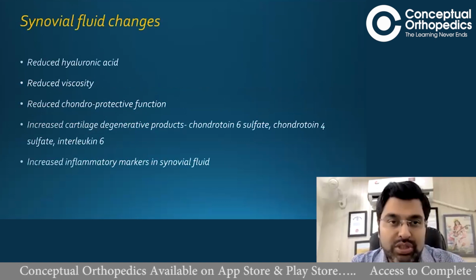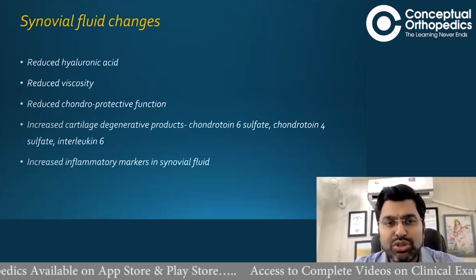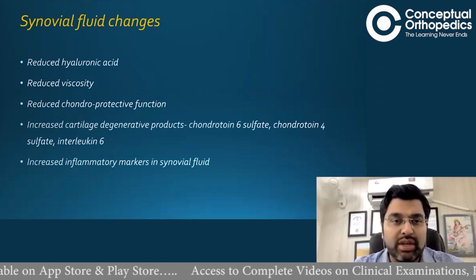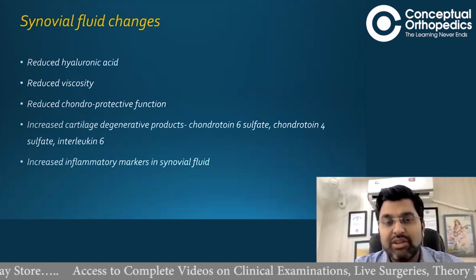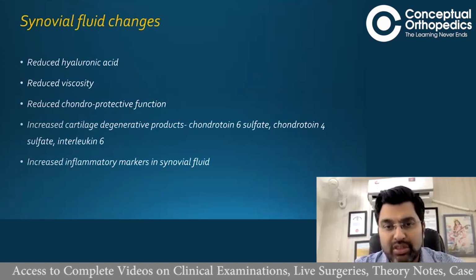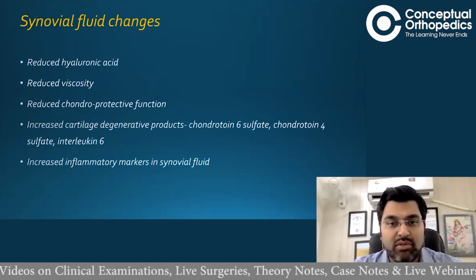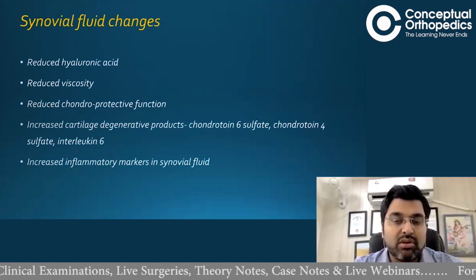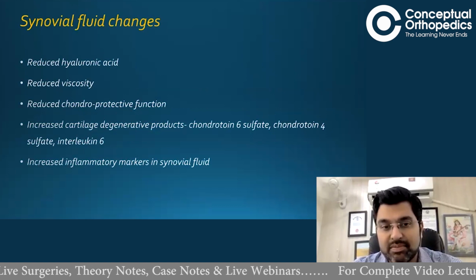There are also changes in the synovial fluid, which include reduced hyaluronic acid and reduced viscosity. It reduces its chondroprotective functions. There is an increase in the cartilage degenerative products in the synovial fluid, including chondroitin 6 sulfate, chondroitin 4 sulfate, and IL-6.